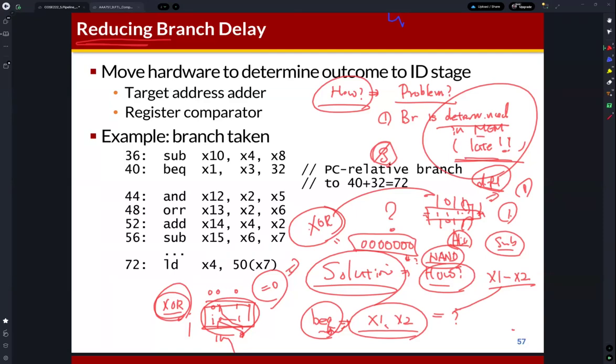In chapter 3, we learned how to perform addition, right? And subtraction is just addition, because we can just invert the second operand and then add one. So actually subtraction is equivalent to addition.